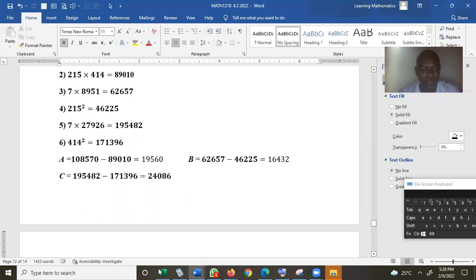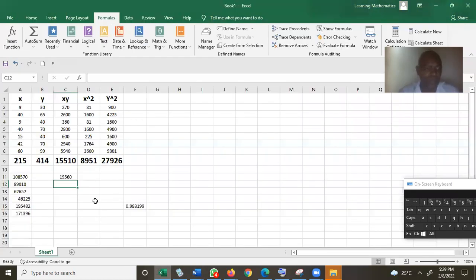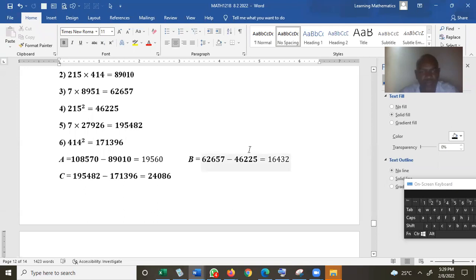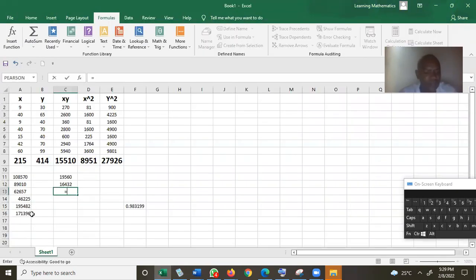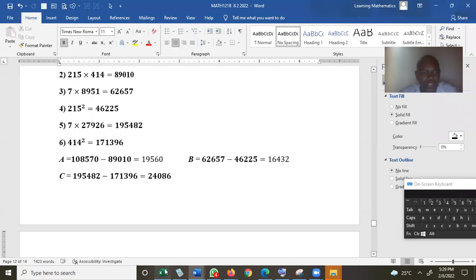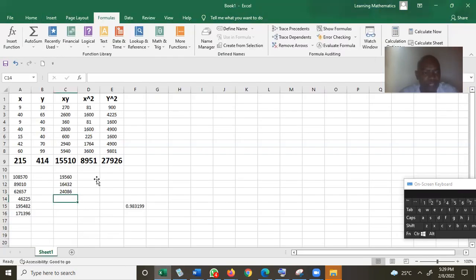B is equal to A13 minus A14, 16432. C is equal to A15 take away A16, 24086.